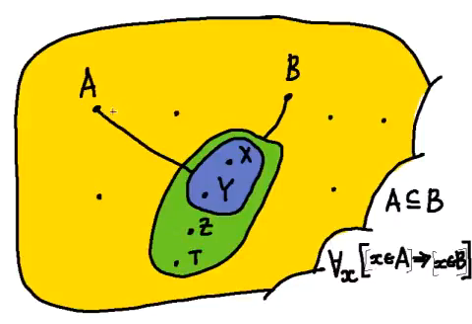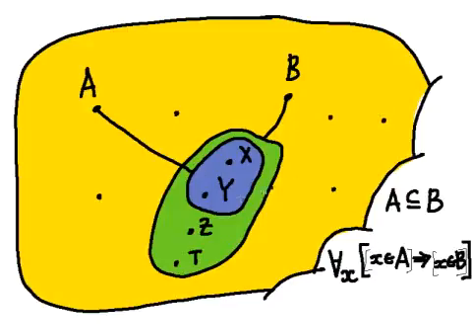In other words, we could say that the statement that if A is an element of A, then A is an element of B is trivially true simply because A is not an element of A. Right? For the same reason, B not being an element of A, for x being equal to B, this implication also holds. And all the other dots here, which are not elements of A, for the same reason, that implication holds for them.